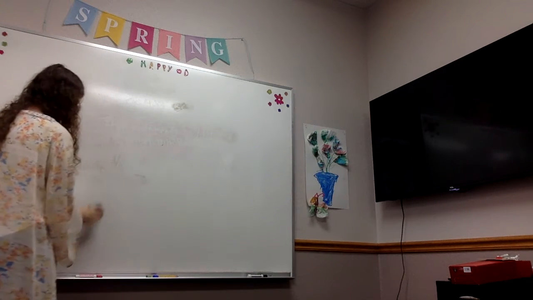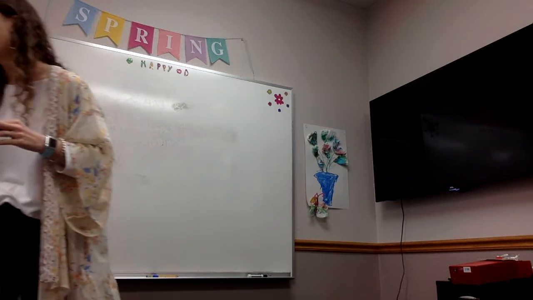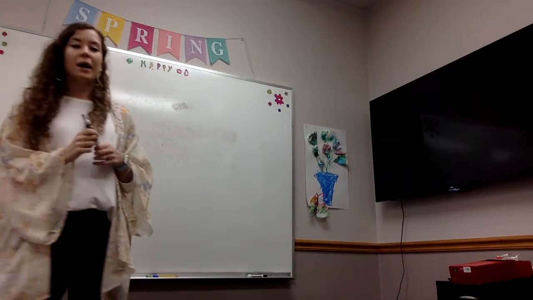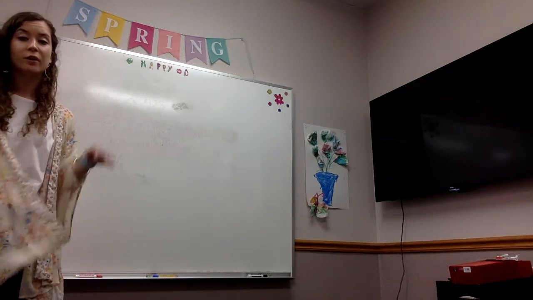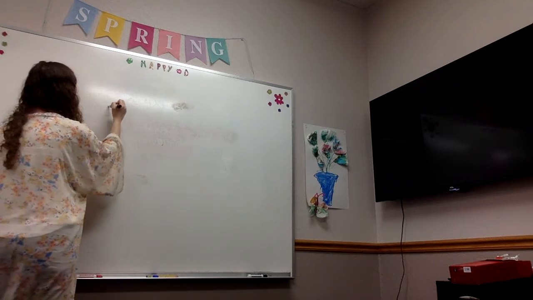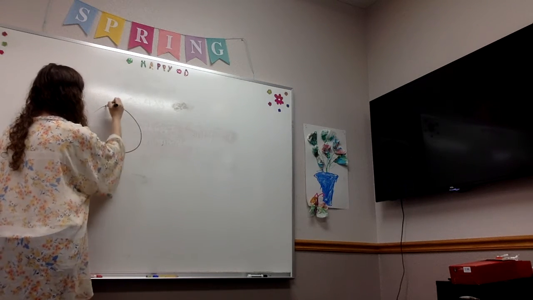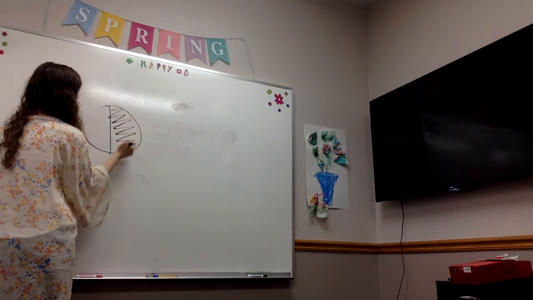The next thing I'm going to go over is just some picture examples that you might see in your homework. You may not. But these are just some examples of how you may have to find a fraction in a picture. So if I have a piece of pizza and I'm going to eat half of it.